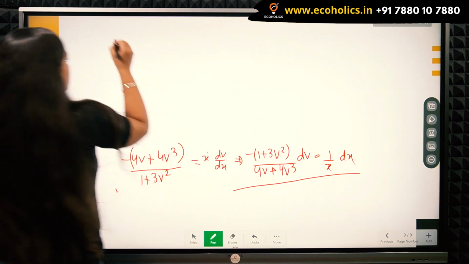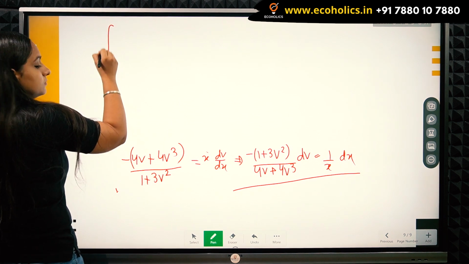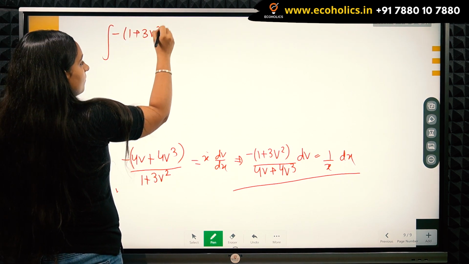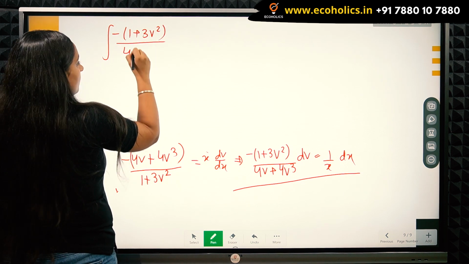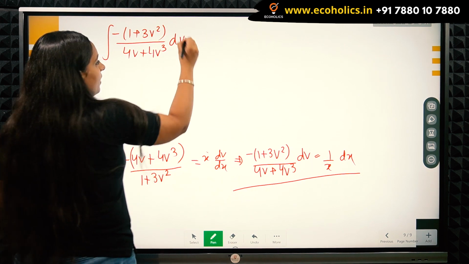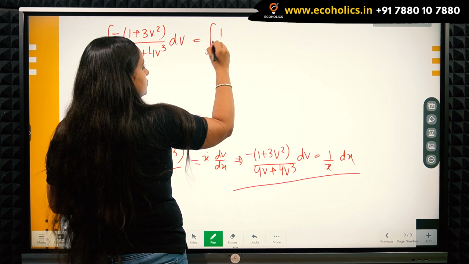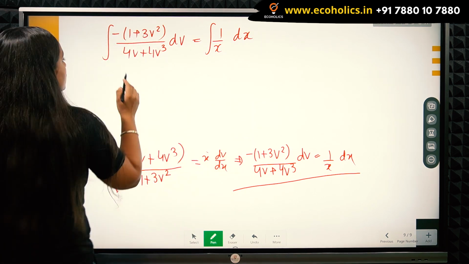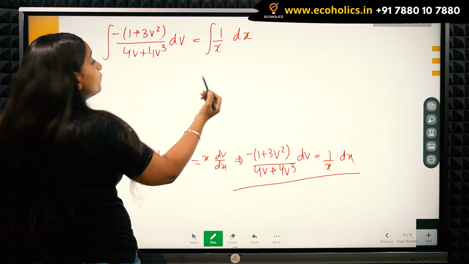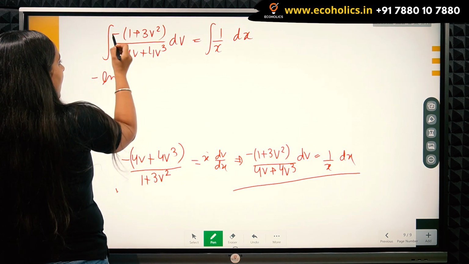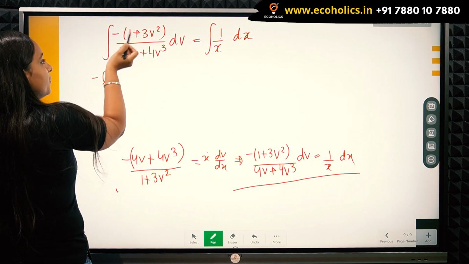Integrating this function, and integrating on the other side also. So if I integrate these two functions, I would be getting the log minus. So I will take minus before integration.